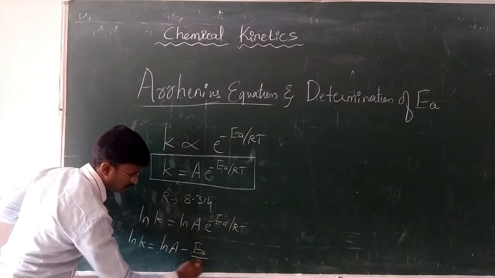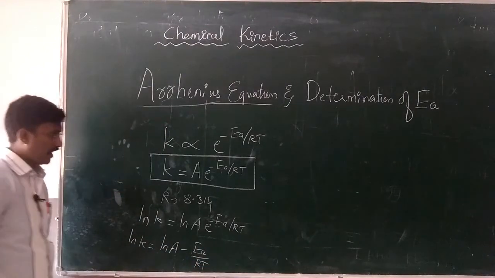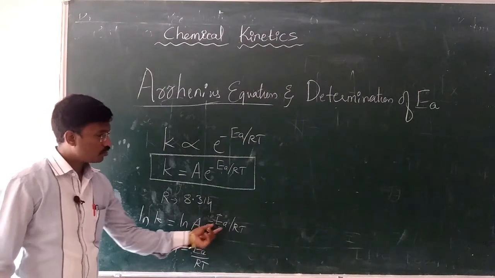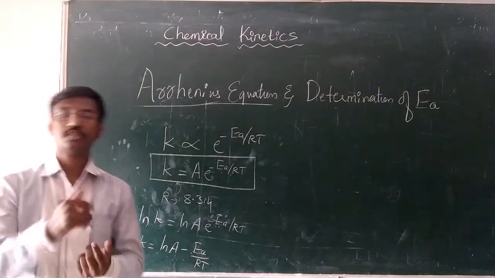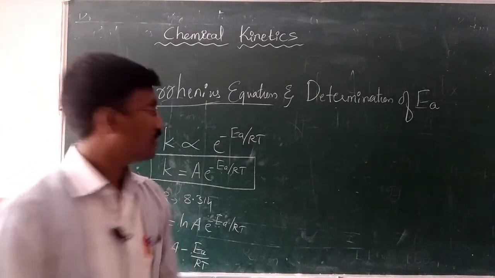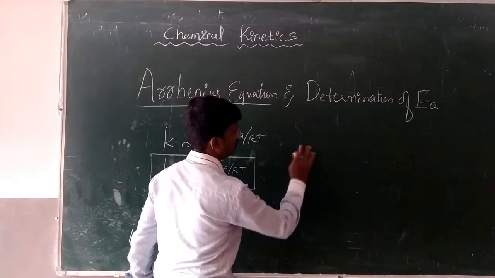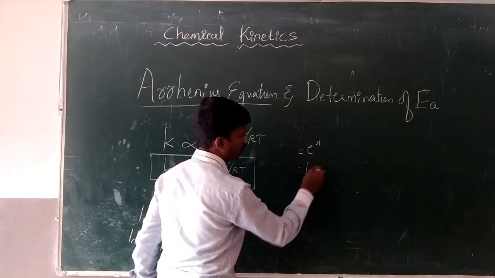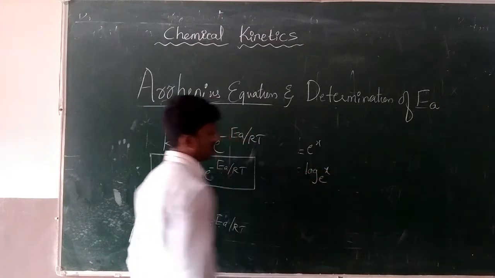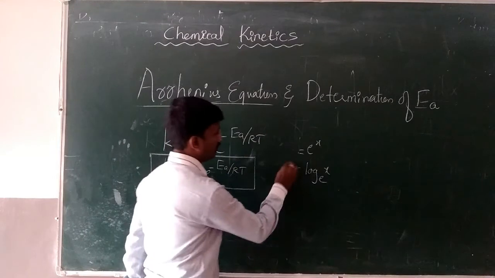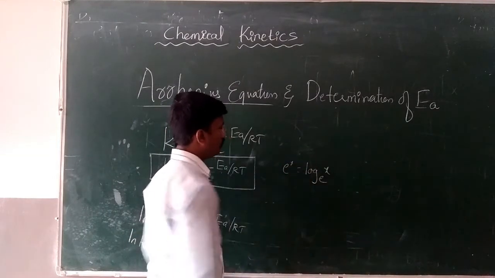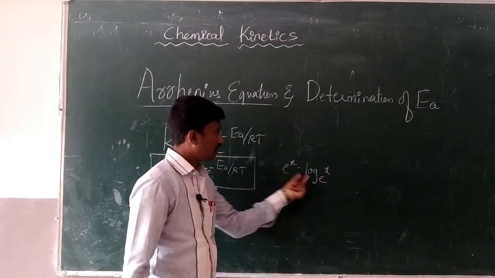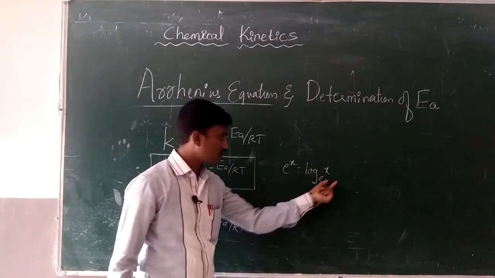Ea upon RT. I hope you remember the mathematical expression: e raised to something. By applying log, e raised to x becomes log x to the base e. Whichever power is there on e, we get log of it to the base e.